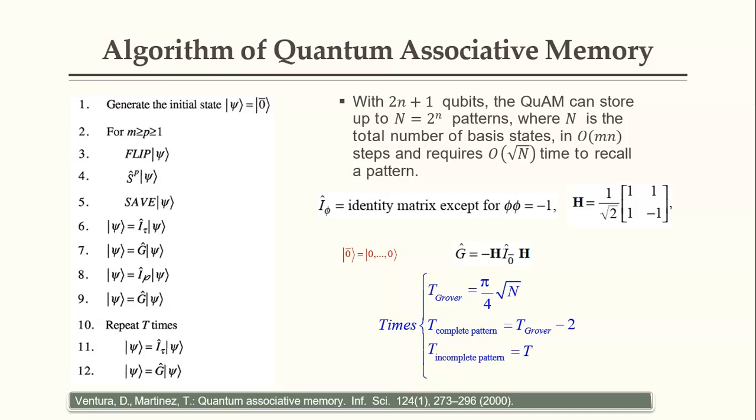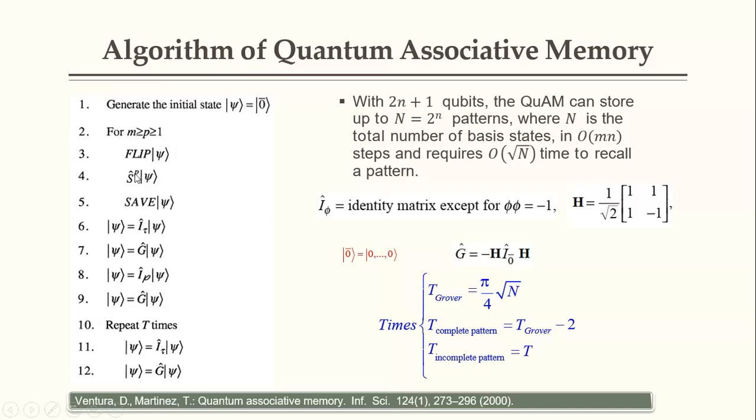Then this flip step applies a quantum gate, bit flip or phase flip, to state psi. Flipping the state adjusts it to reflect specific properties or patterns to store in memory.